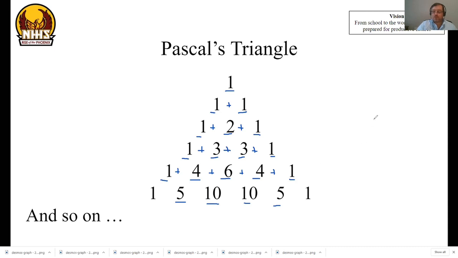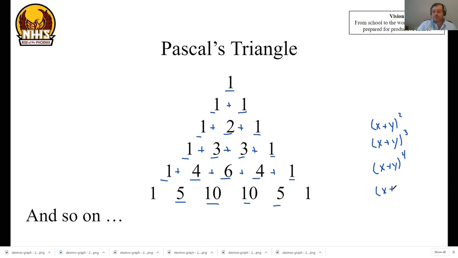So what you're going to learn is this is raising it, like for example, x plus y all squared. X plus y all cubed. X plus y to the 4th.